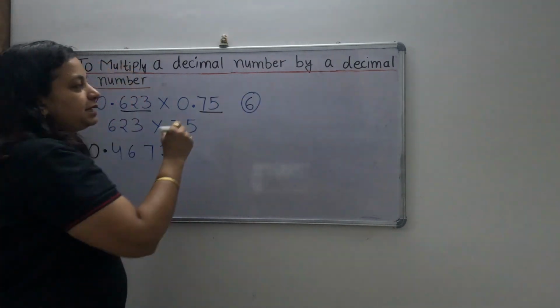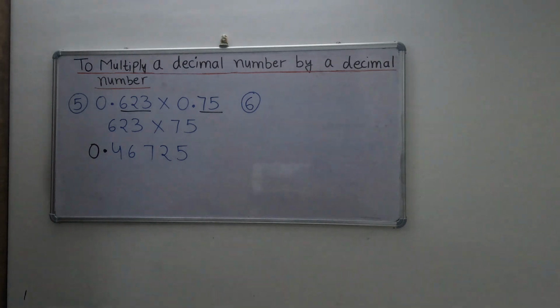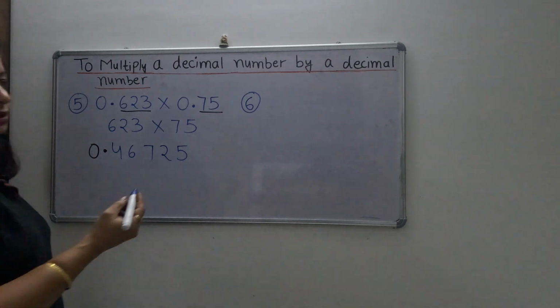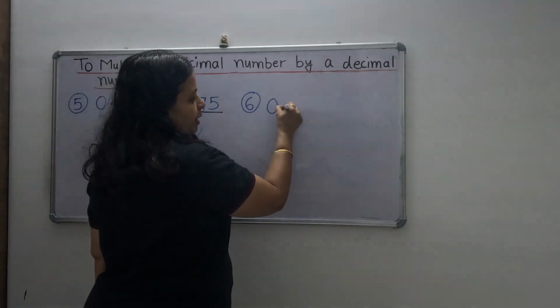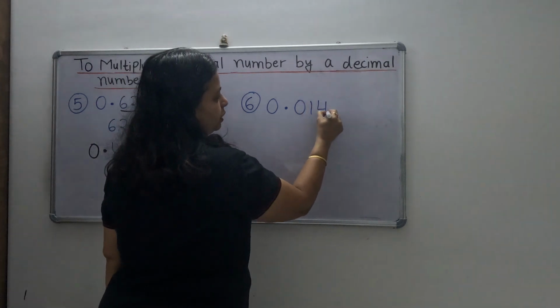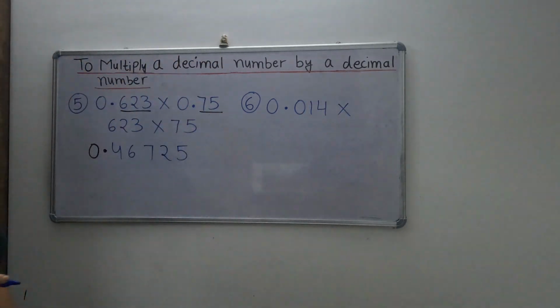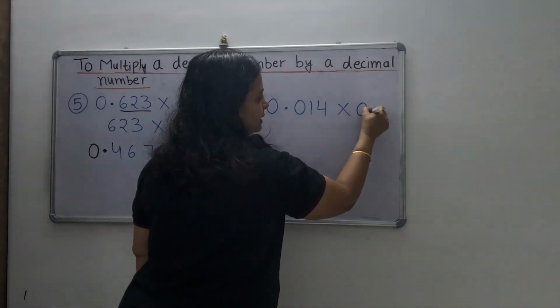The sixth example is when we have a bigger number, 0.014 times 0.46.